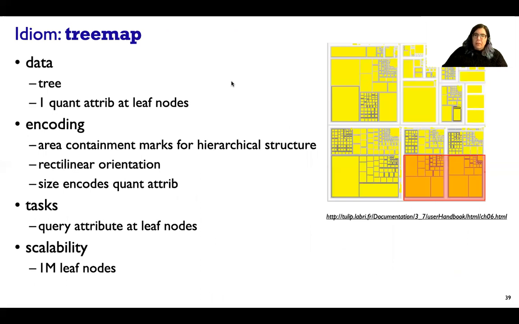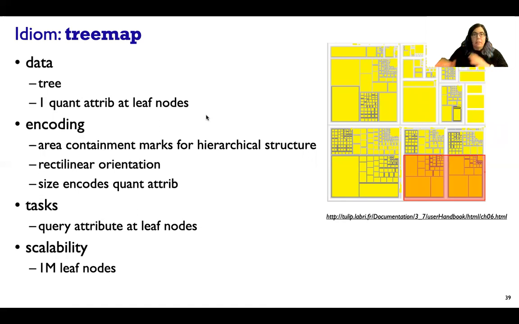Now there's a very different way to draw a tree than what we've seen before, not a node link way to draw a tree. What's called the tree map idiom is really using, instead of a connection mark, a containment mark. So we're showing hierarchical structure by putting boxes inside each other.